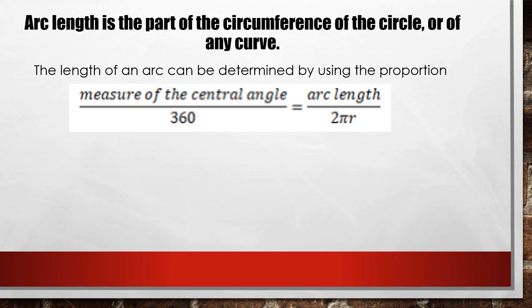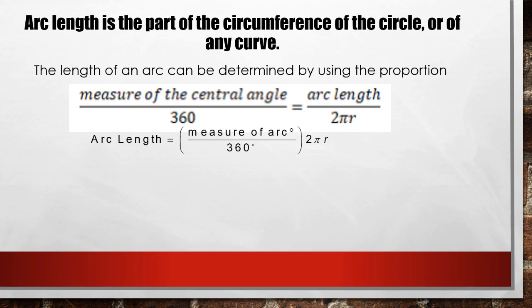So, apply din siya dito. Ngayon, i-derive natin yung formula. So, ayan ang derivation natin. The arc length is equal to the measure of the arc over 360 times 2 pi r.